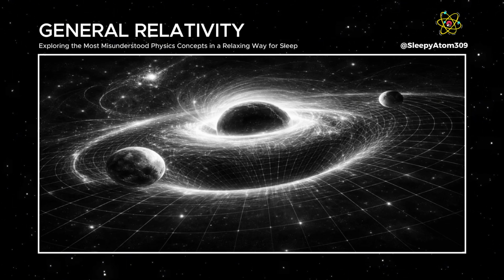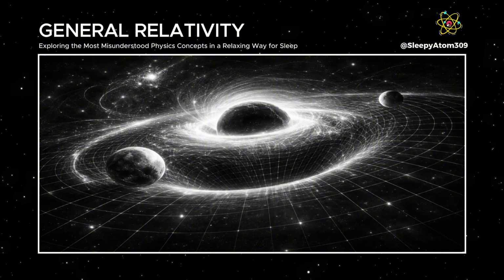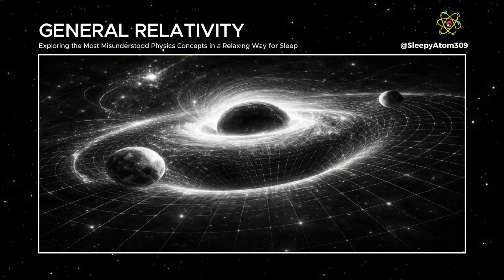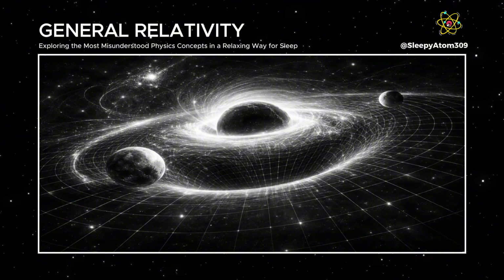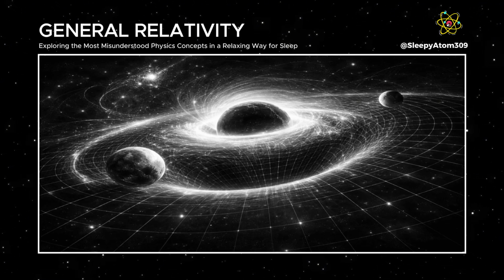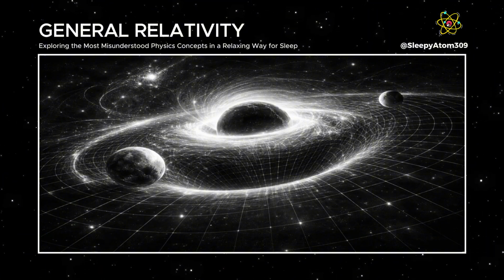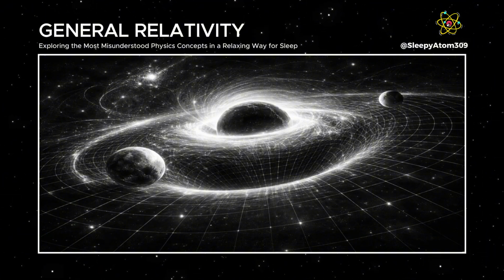General relativity changed our understanding of gravity, space, and time. It showed that these concepts are not fixed or separate, but interconnected and dynamic features of space-time itself. Space-time can bend, stretch, twist, and ripple depending on the presence of mass and energy.